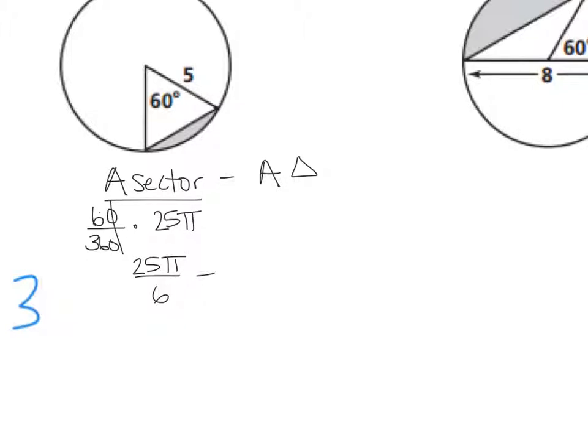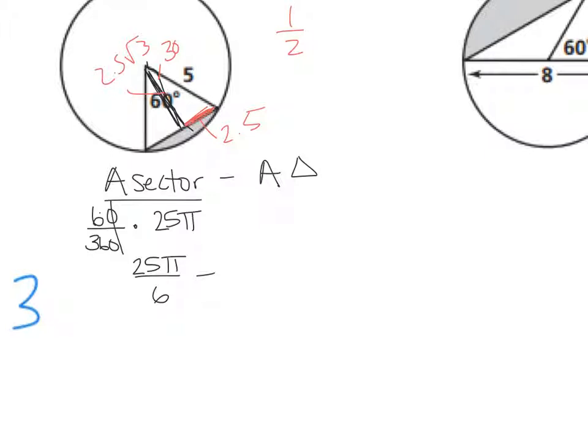In this one, you could calculate what the height is. This is actually going to be a 30, 60, 90. The hypotenuse is 5, so this has to be 2.5, and this is 2.5 root 3. Or I was thinking use the law of sines, the formula with sine for the area of a triangle.